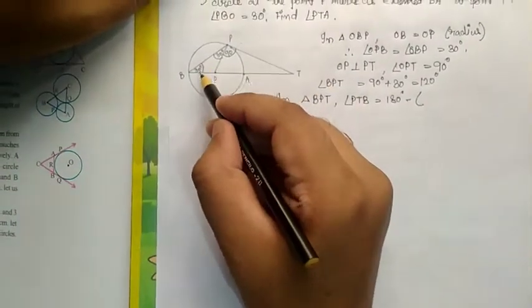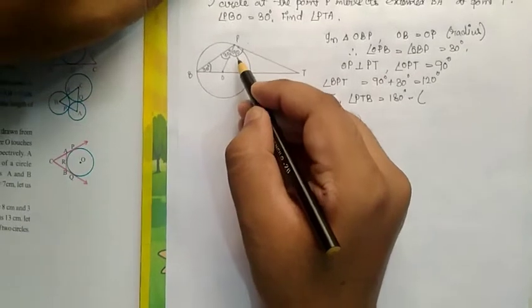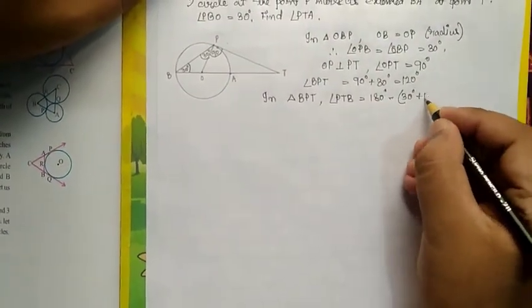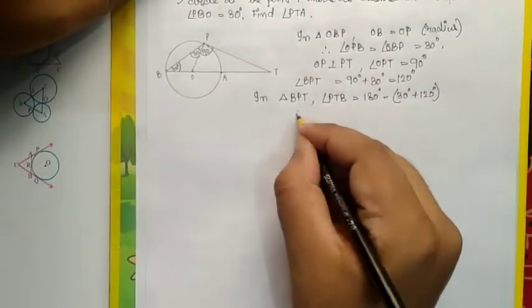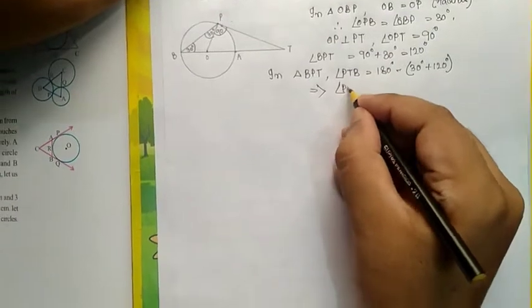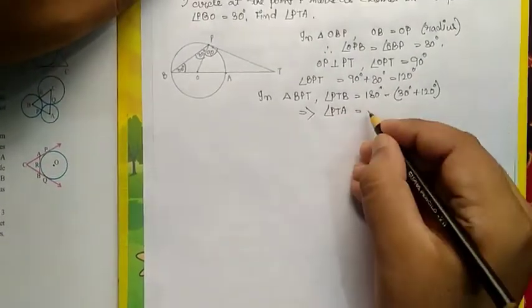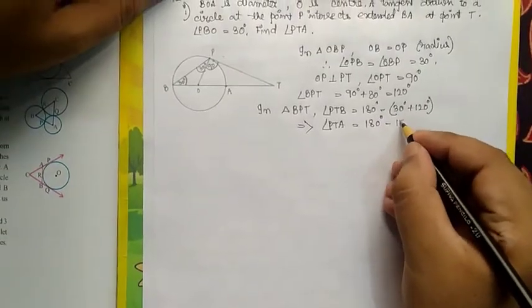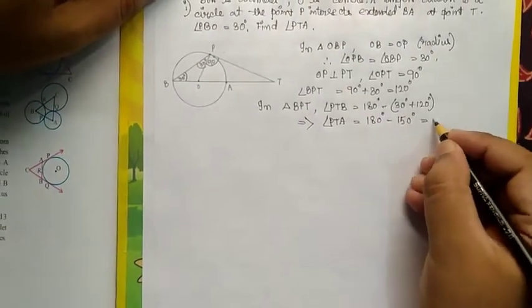The two angles are 30 degrees and 120 degrees. So the remaining angle is 180 degrees minus 30 degrees plus 120 degrees. So PTA and PTB both are the same. So PTA equals 180 degrees minus 150 degrees equals 30 degrees.